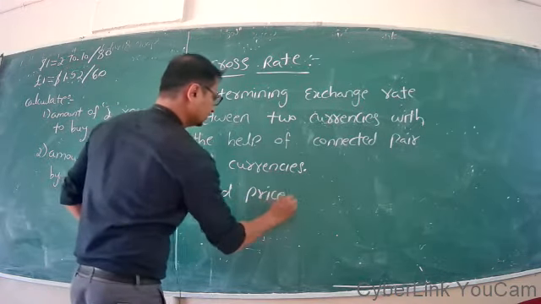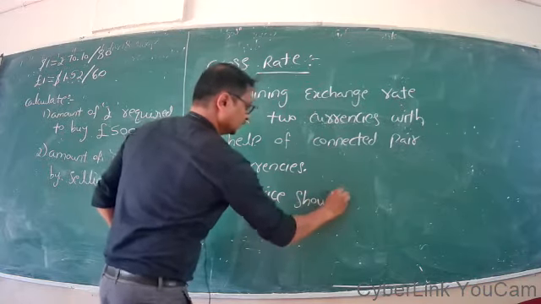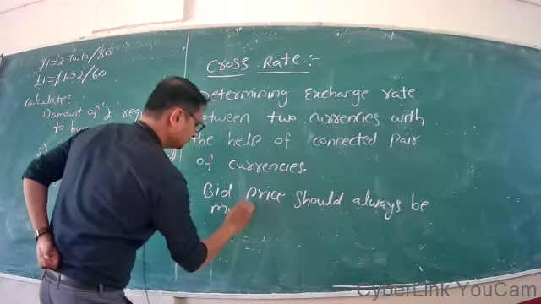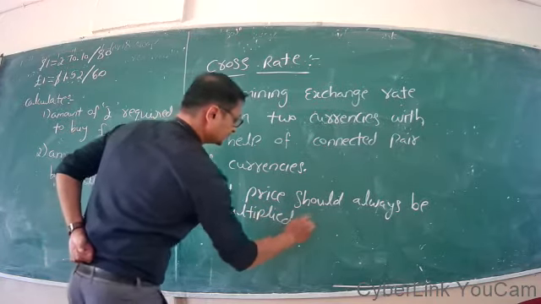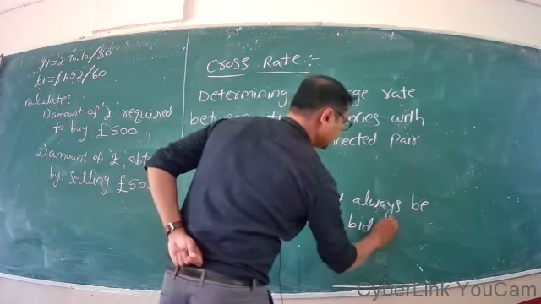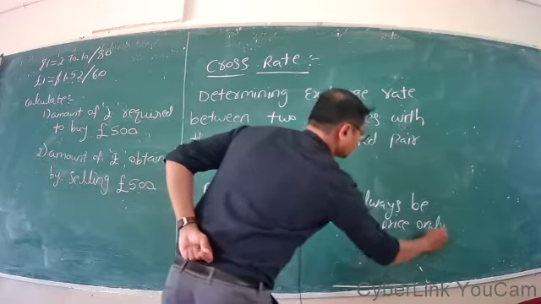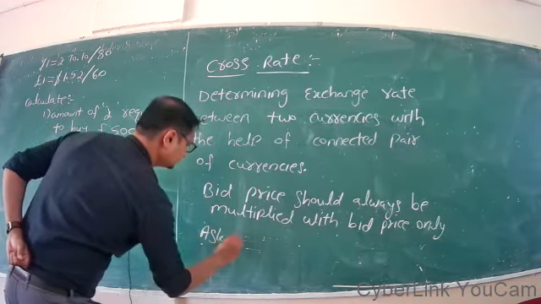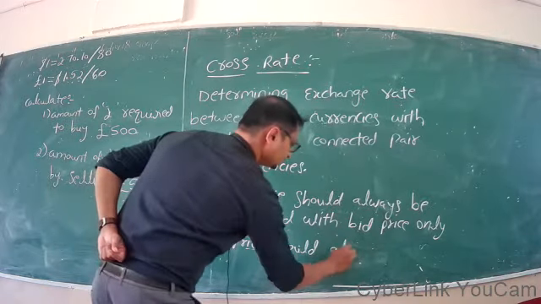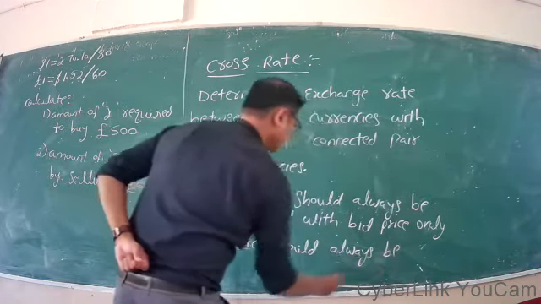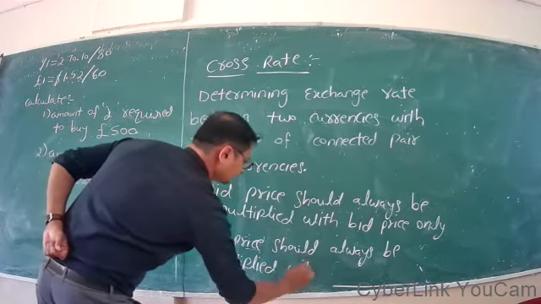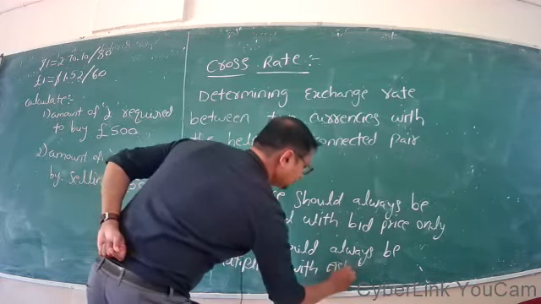bid price should always be multiplied with bid price only, and ask price should always be multiplied with ask price only.